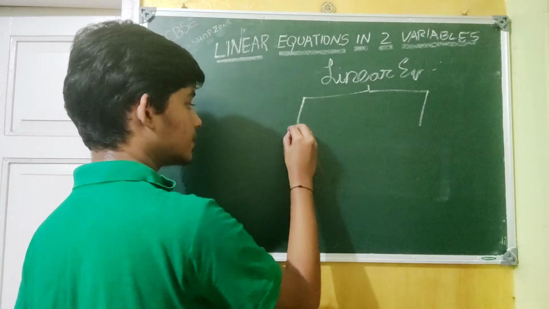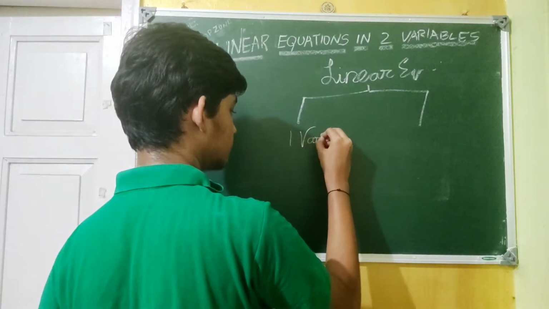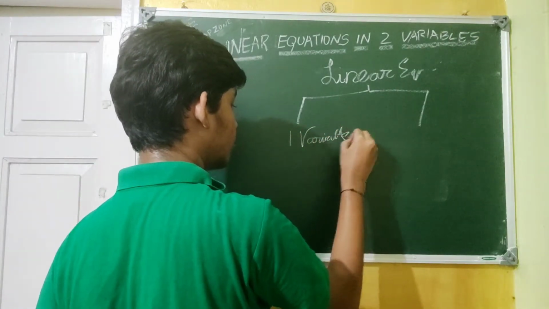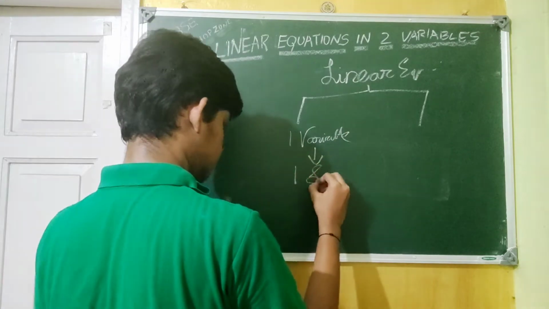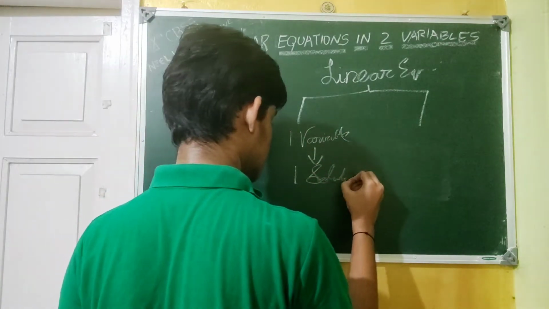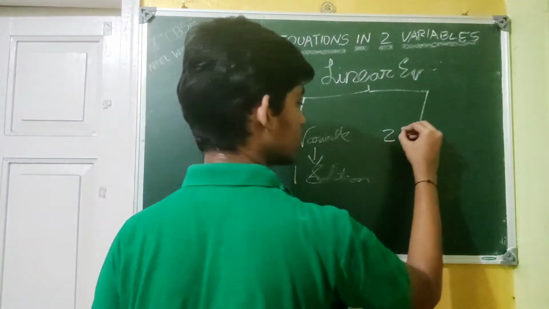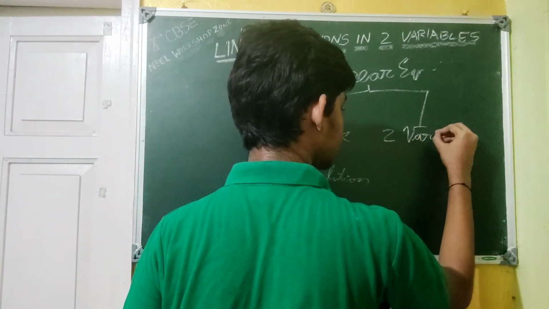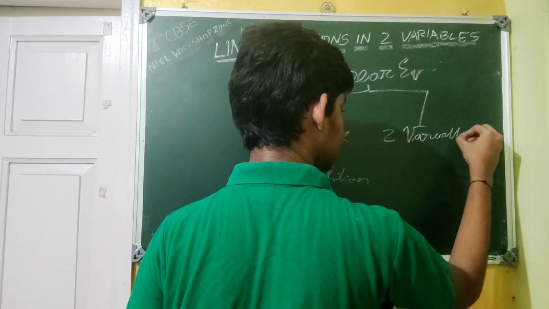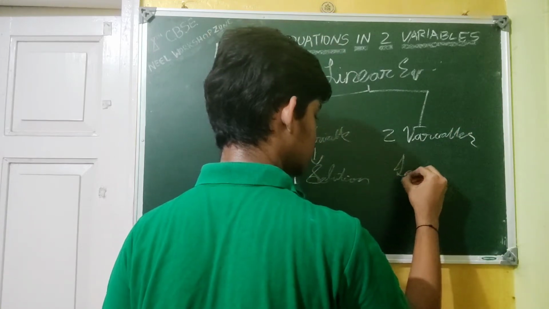Linear equations in one variable have only one solution, whereas linear equations in two variables have infinite solutions.